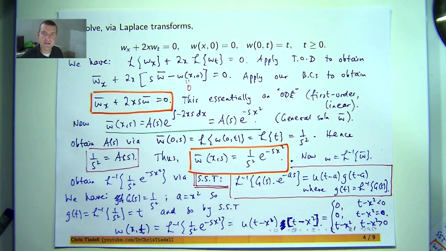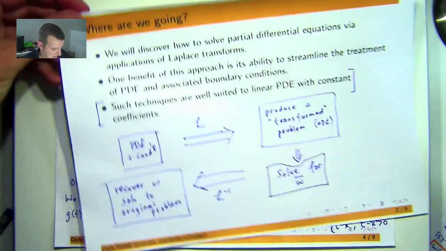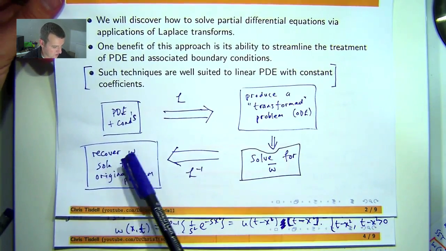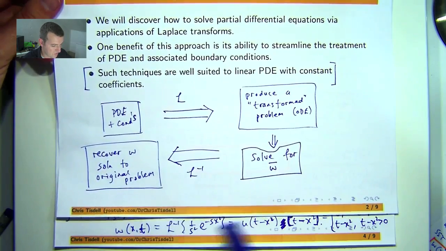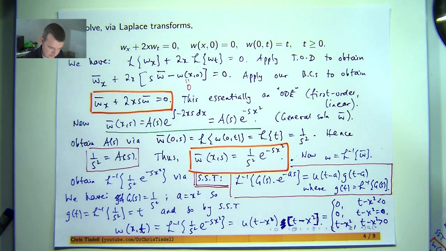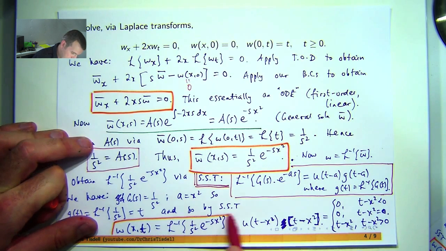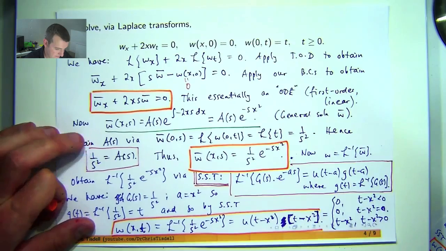Okay, so I've managed to squeeze everything onto that page. You can see now that we are at the final stage. We've recovered W, the solution to our original problem, using an inverse transform. Okay, so there you have it.